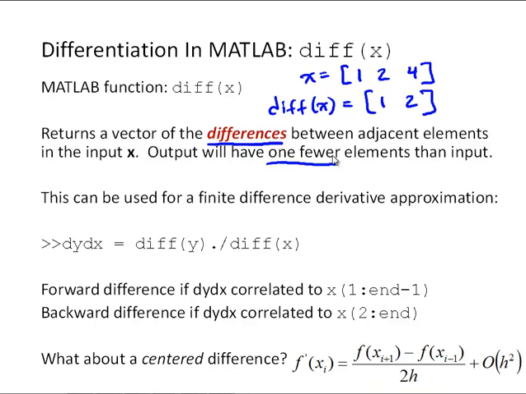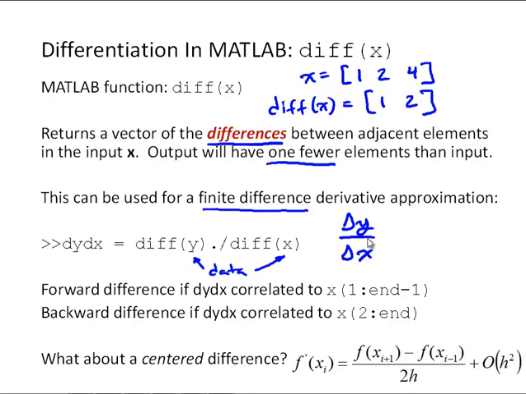We can use the diff function to develop a finite difference derivative approximation. If we have data in vectors y and x and just take diff y divided by diff x, that's like delta y over delta x for each of those vectors.